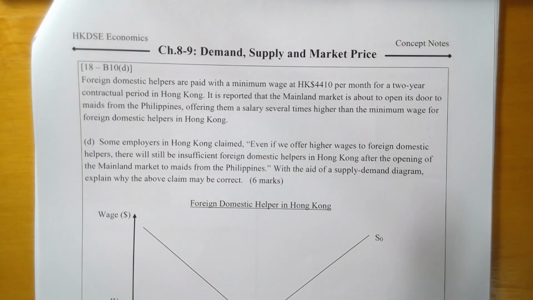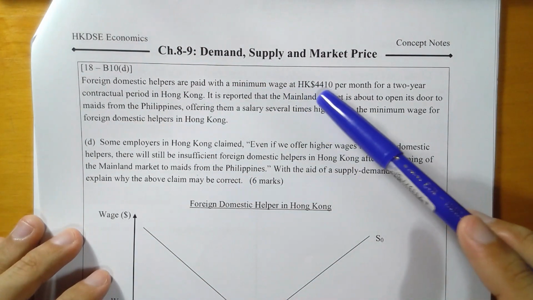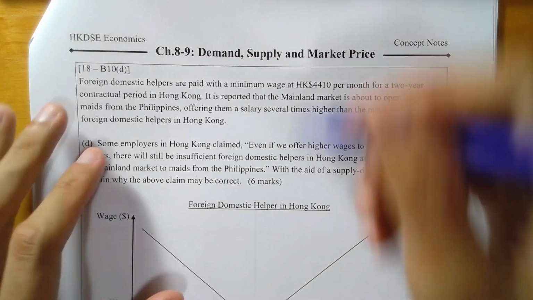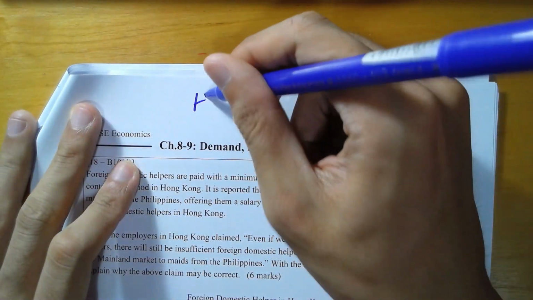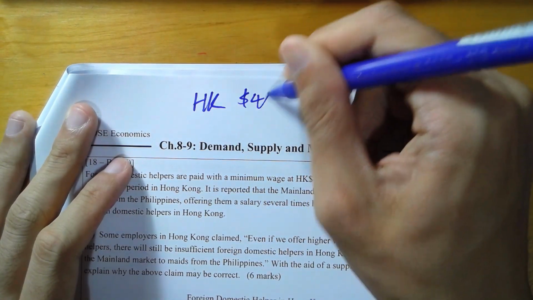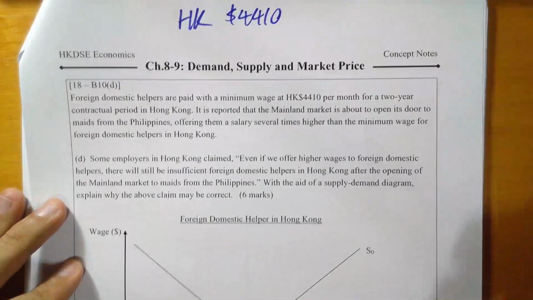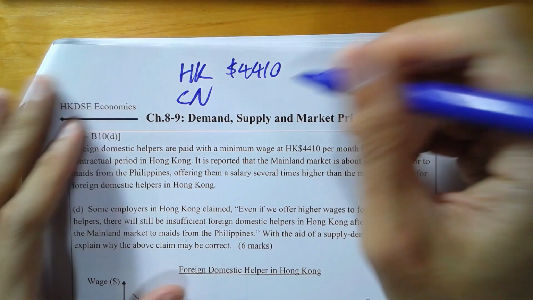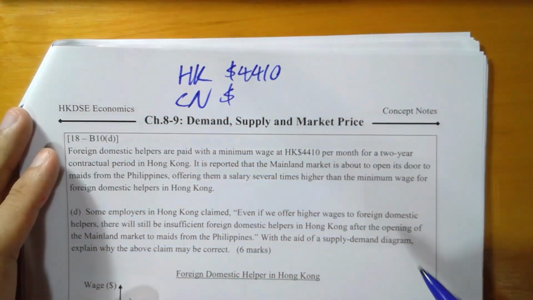Now, this one is quite a long question. All right. Now, Ban pay a minimum wage in Hong Kong. Okay, 嗱睇啦 Hong Kong minimum wage 4410. Now the story is that in mainland China, several times higher.